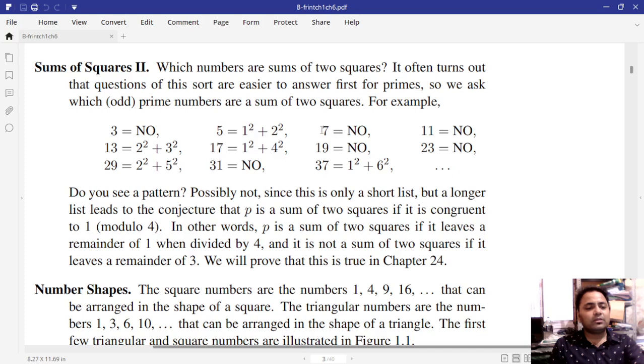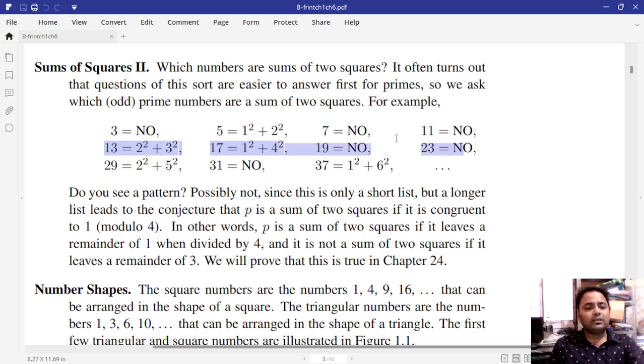Same here, 7 is not a sum of two squares. 11, the answer is no. But 13, there is a possibility: 2 squared plus 3 squared is equal to 13. Same for 17, 1 squared plus 4 squared is equal to 17.